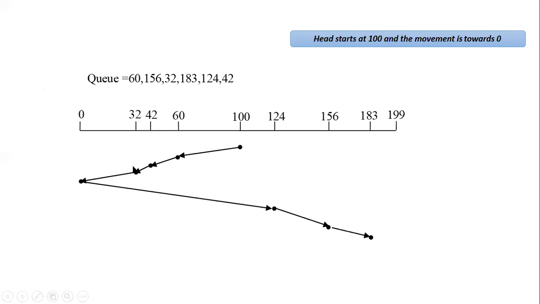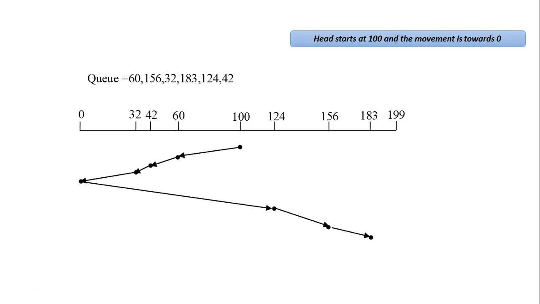From 100 to 0, it moves. In between, whatever requests are there, they will be serviced. So at 60, there is a request. So 60 will be serviced. At 42, there is a request. 42 will be serviced. At 32, there is a request. 32 will be serviced. And it goes up to 0.